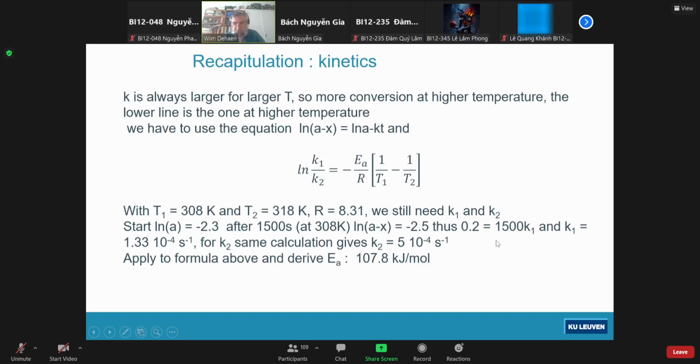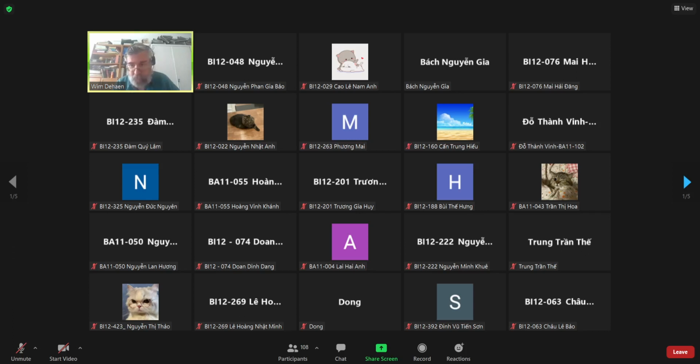And then the other one is minus 2.5, and the other one was minus 3.1, I believe. So we can do a similar calculation and then arrive at K2. So I hope that is helping. I think these files are also available if you want to look at it again.